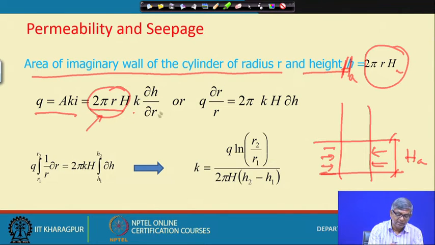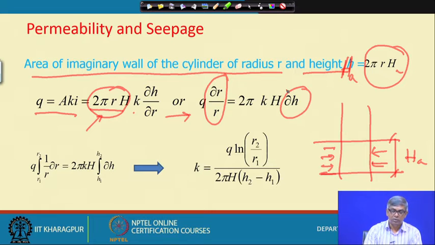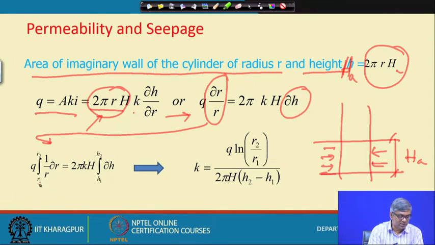K and I are the same as previous, I being del H by del R. If I simplify, then Q del R by R equals 2 pi K H del H. Now, only this portion is variable, so I put this in definite integral form, with two observation wells at R 1 and R 2. That part can be integrated, and 2 pi K H del H is to be integrated between the observation heights h 1 to h 2.